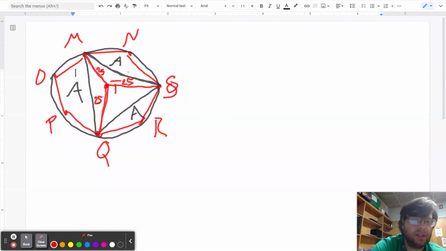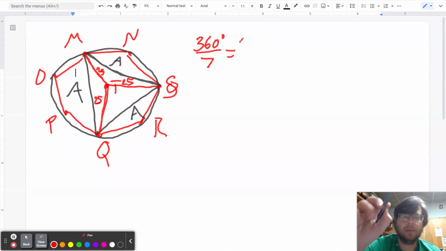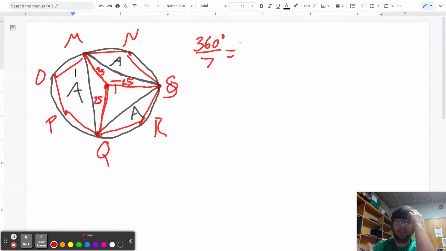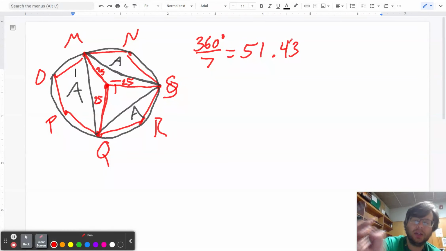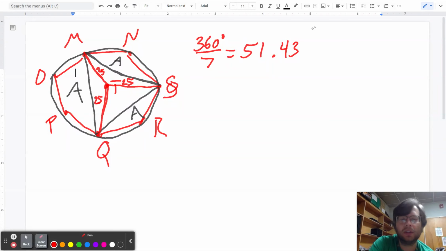Okay, so first thing that I know is that if I take 360 degrees and divide that by 7, that's going to tell me how many degrees are between each of the outside points on the heptagon. So I can take 360 divided by 7, and it doesn't come out to be a nice number. I get 51.43 degrees.